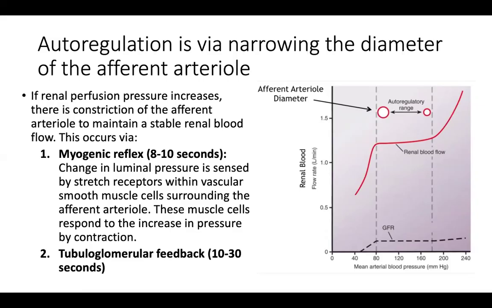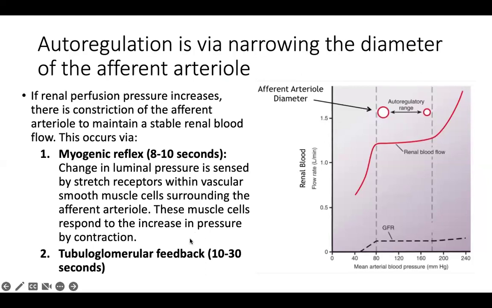So if there is an increase in renal perfusion pressure, if there's a spike in blood pressure or blood volume, this is sensed by the afferent arteriole in 2 ways. So the myogenic reflex kicks in very quickly, within 8 to 10 seconds, because the change in luminal pressure is sensed by stretch receptors. And in response to this, the vascular smooth muscle cells in the arterial wall will constrict.